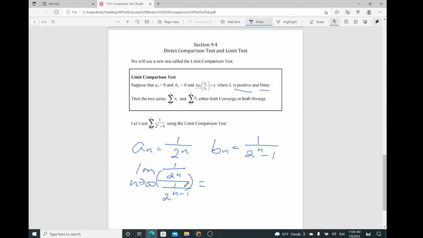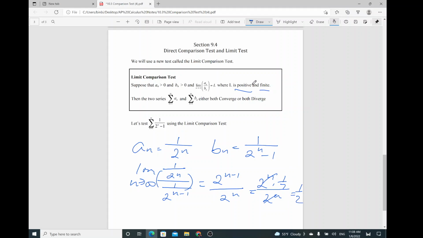You might be wondering what to do with this. It's just a complex fraction, so we can write it as 2 to the power of n minus 1 over 2 to the power of n, multiplied by the reciprocal. This can be written as 2 to the power of n times 2 to the power of negative 1, which is 1 half, over 2 to the power of n. Reduce, and as you can see, the limit is going to be 1 half.